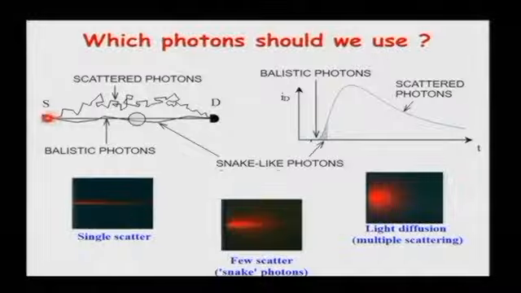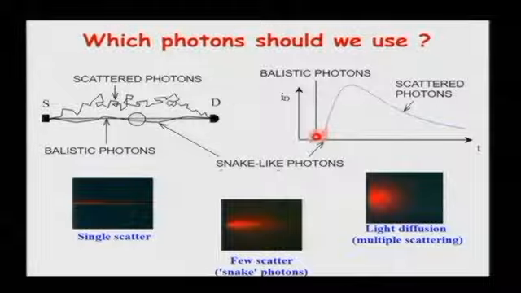Photons that have scattered several times, when the multiple scattering is not erased yet, can't be considered as diffusion, but they're also not ballistic photons anymore. These are so-called snake photons, the intermediate scattering regime. That is an extremely difficult case because we can't apply any analytical solutions for it.